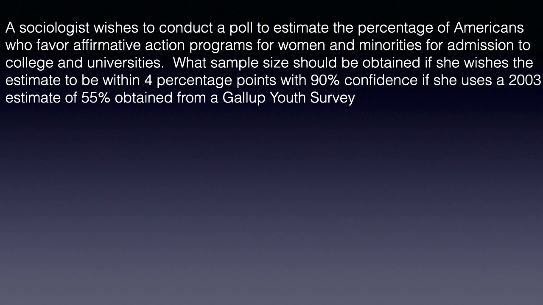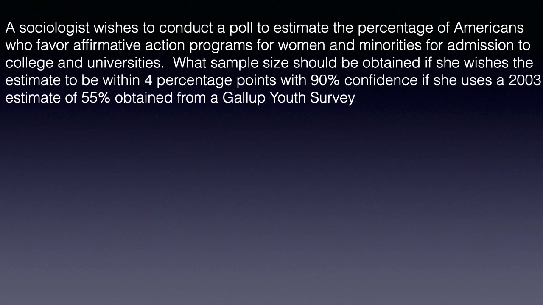Notice this exercise says that a sociologist wishes to conduct a poll to estimate the percentage of Americans who favor affirmative action programs for women and minorities for admissions to colleges or universities. What sample size should be obtained if she wishes the estimate to be within 4 percentage points with 90% confidence if she uses a 2003 estimate of 55% obtained from a Gallup Youth Survey?